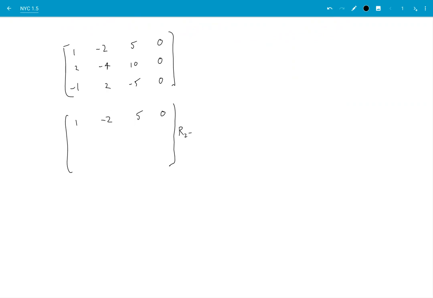So it's going to be row 2 minus 2 row 1, row 3 plus row 1. I'm going to get 0, subtract twice, 0, 0. Oh, it's the same. 0, 0, 0, 0. So I see that I have two free variables.